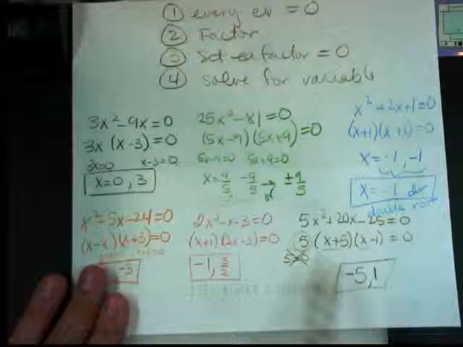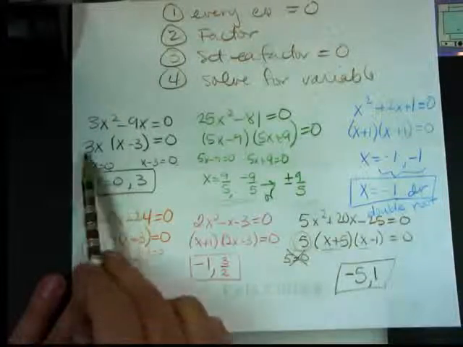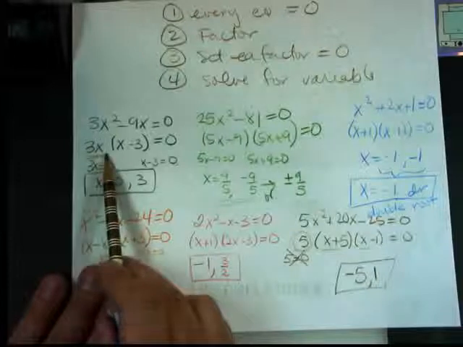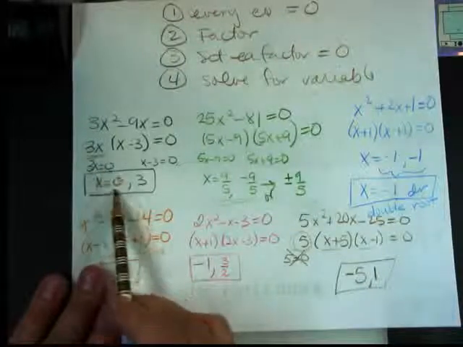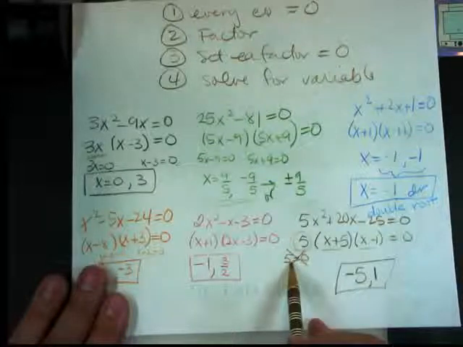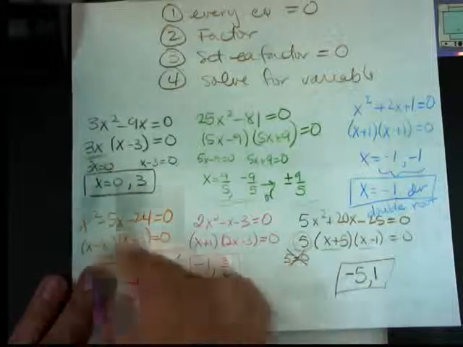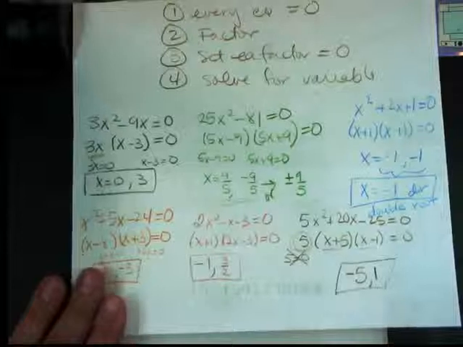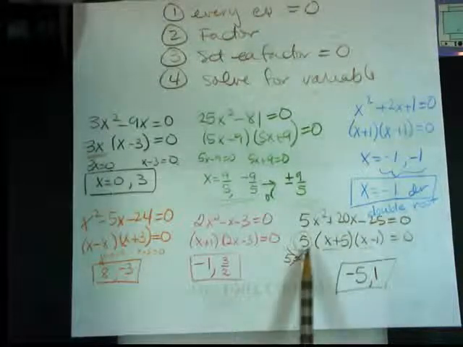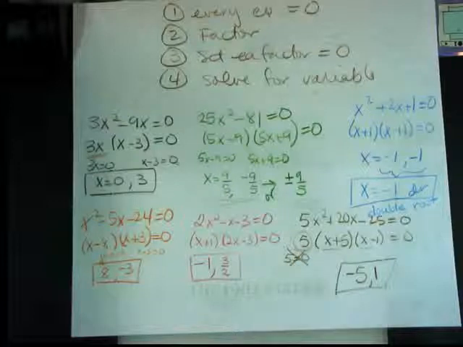Now let's go back to this very first one that we solved, and we had a GCF. This GCF has a letter. A letter gives me a solution. GCF, no letter, no solution. Understand those two differences. If there's a letter, there's a solution. If there's no letter, there is no solution.